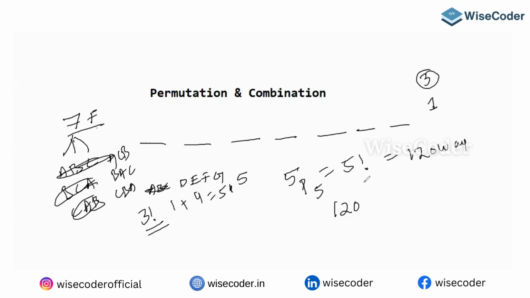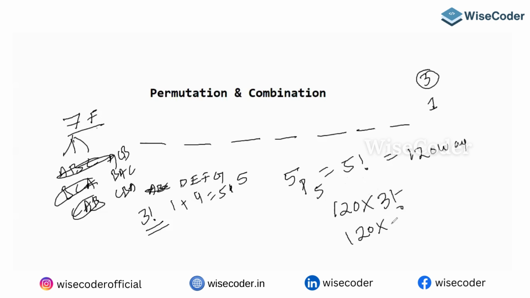For each of the 120 arrangements, the 3 persons who are considered as one can be further arranged among themselves in 3 factorial ways.